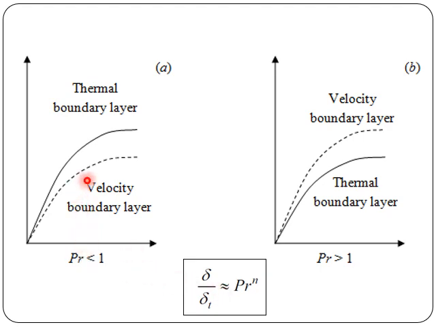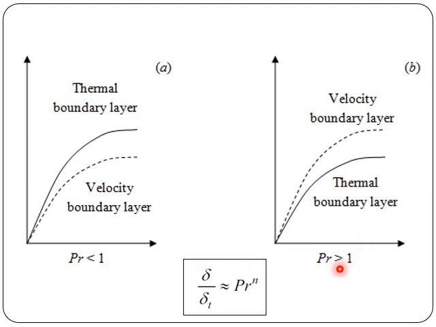So the fluid which has high viscosity will have a thick velocity boundary layer as compared to the thermal boundary layer, but the fluid which has higher conductivity will have a thick thermal boundary layer as compared to the velocity boundary layer. So when you say that Prandtl number is less than 1, you can say that the fluid is more conductive.